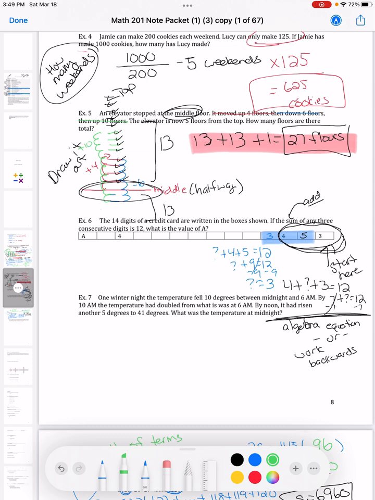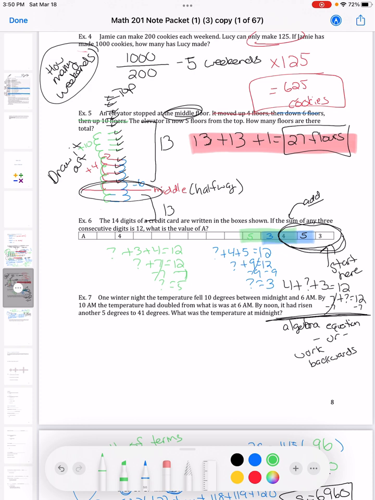I'm going to keep working backwards. I'm going to do the next 3. Question mark plus 3 plus 4 has to equal 12. We've kind of already seen this one. 3 plus 4 is 7. So the question mark has to be 5.